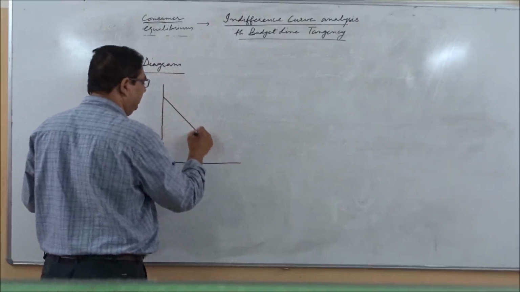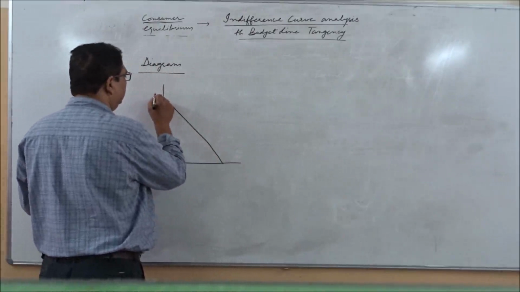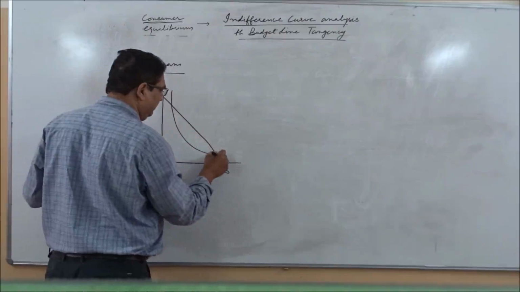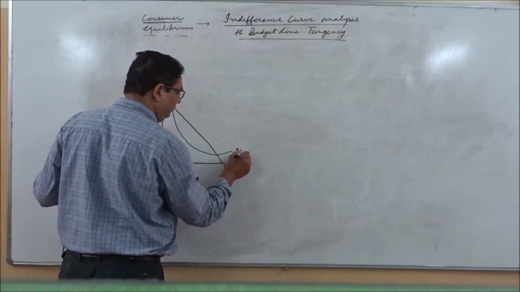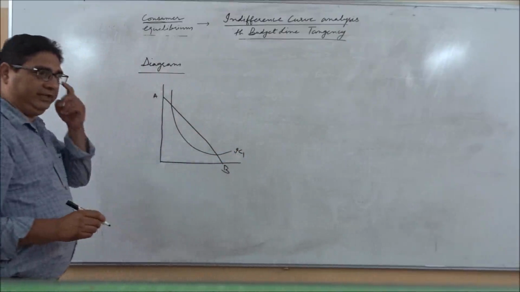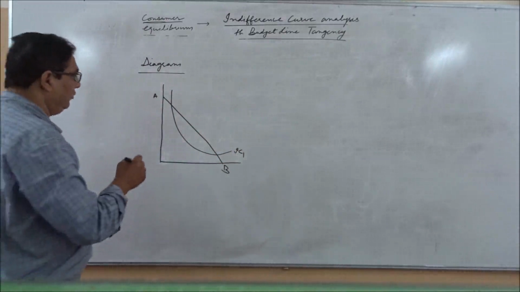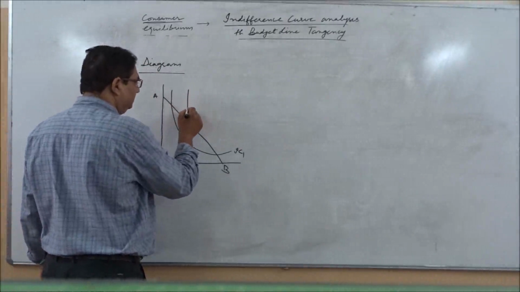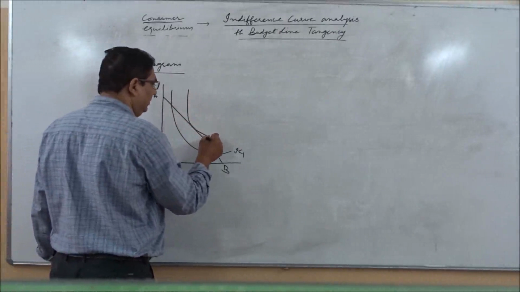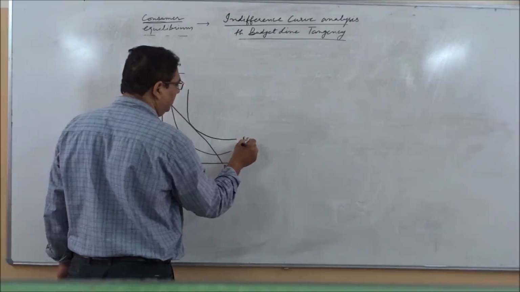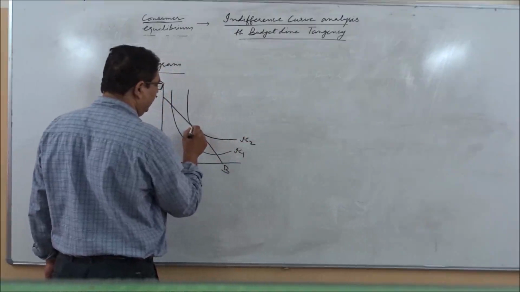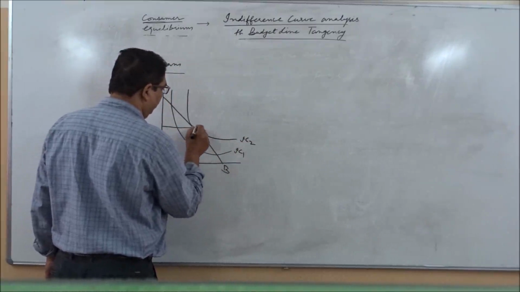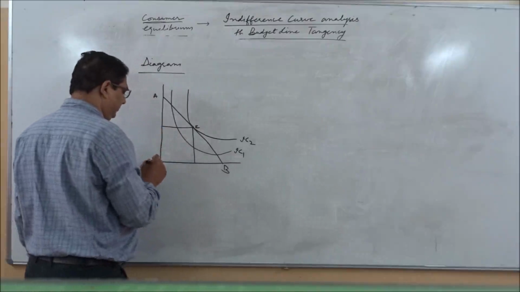This is a budget line AB. This is the first indifference curve IC1, which is cutting the budget line from above and going below. Then this is IC2, which is tangent at E point with the budget line.